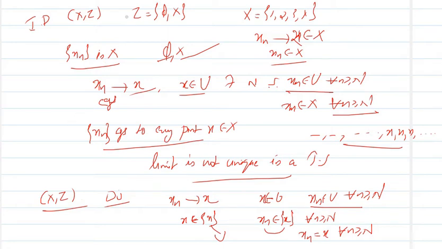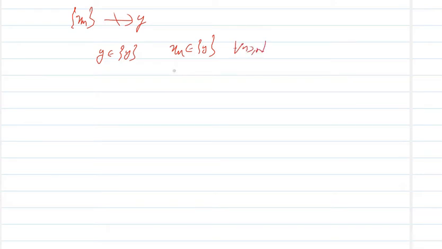Now suppose xn is not eventually constant in a discrete metric space. That means xn is any other sequence, not eventually constant, and it cannot converge to y, because the singleton set {y} is again an open set containing y, but xn does not belong to the singleton set {y} for all n greater than or equal to some N. Why?